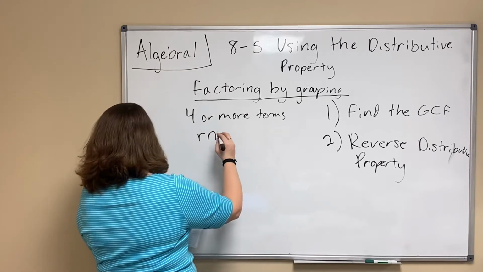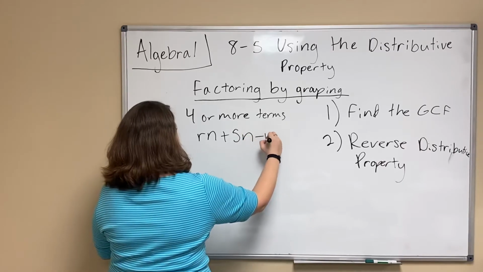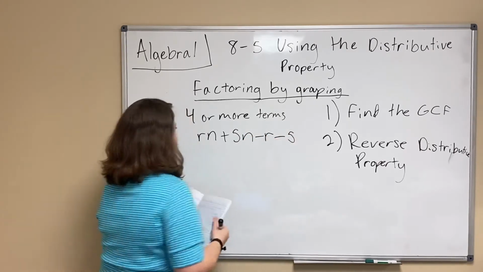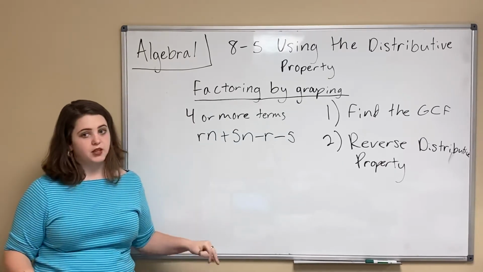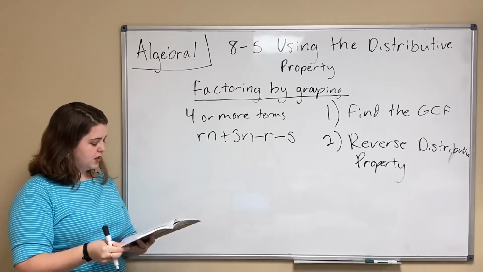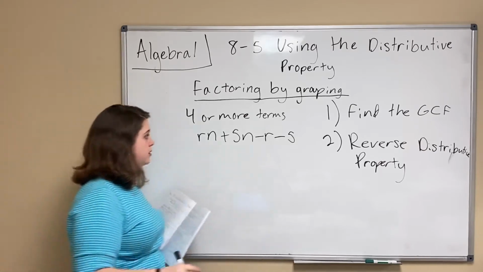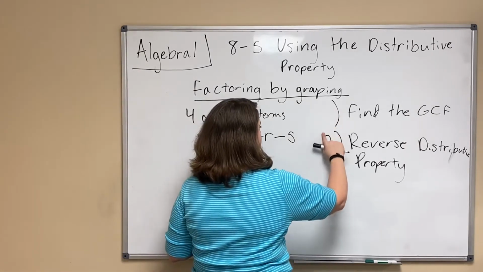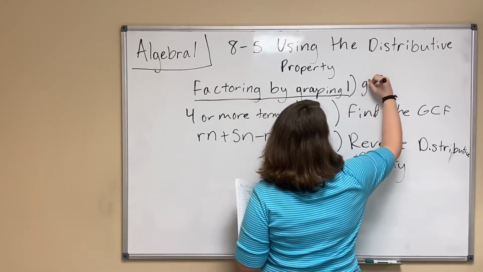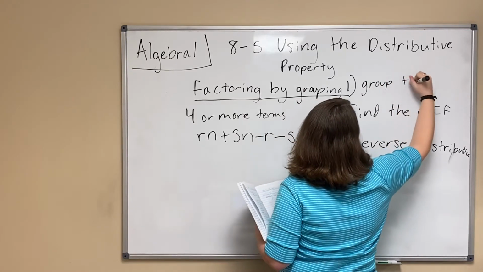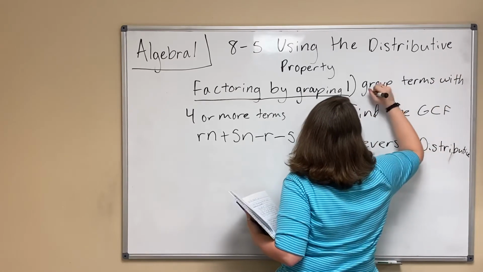rn plus 5n minus r minus 5. Now the first step of factoring by grouping is to group together terms that have common factors. So this is no longer our first step. Now our first step is group terms with common factors.